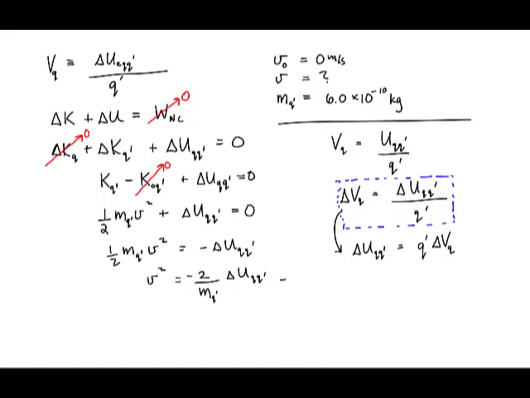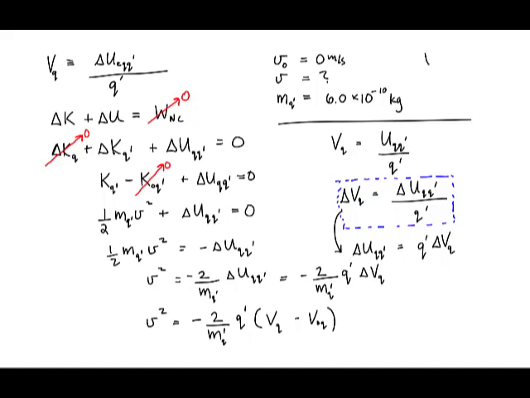Substituting this into our expression, we have minus 2 over the mass of charge Q prime times the charge Q prime placed in the field times the change of electric potential between those 2 points. This means that the speed squared is equal to minus 2 over the mass of charge Q prime times charge Q prime times the final potential that it finds itself in minus the initial potential that it finds itself in.